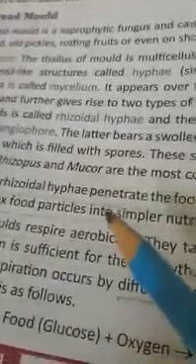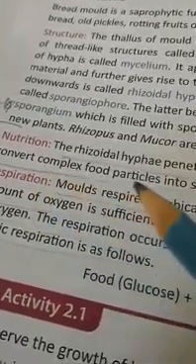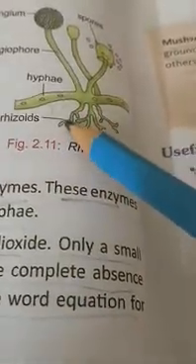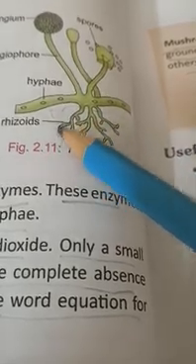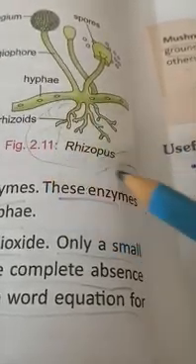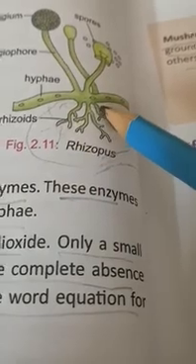The rhizoidal hyphae penetrate the food material and secrete digestive enzymes. These enzymes convert complex food particles into simpler nutrients which are absorbed by the hyphae. So they produce the digestive enzymes and release them into the surrounding food material.